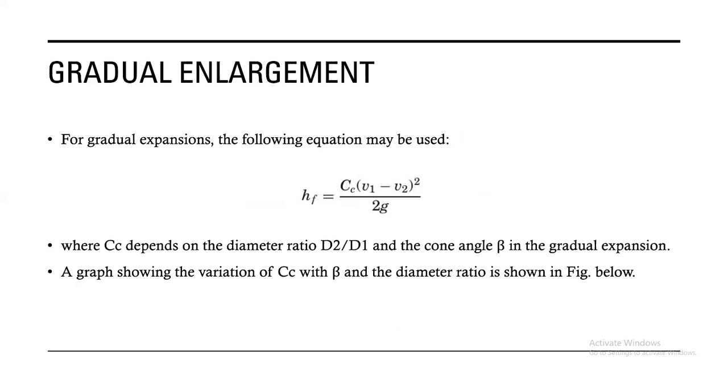For gradual expansions, the following equation may be used. HF equals CC, V1 minus V2 squared over 2g, where CC depends on the diameter ratio D2 over D1, and the cone angle beta in the gradual expansion. The CC is different from that of sudden enlargement or sudden contraction. A graph showing the variations of CC with beta and the diameter ratio is shown below.